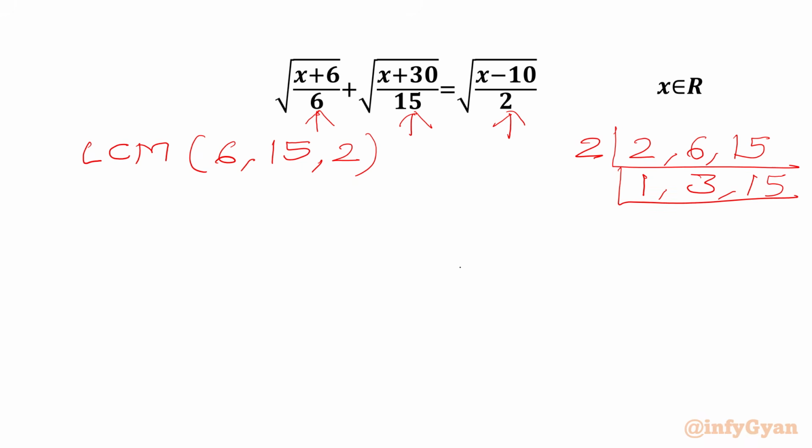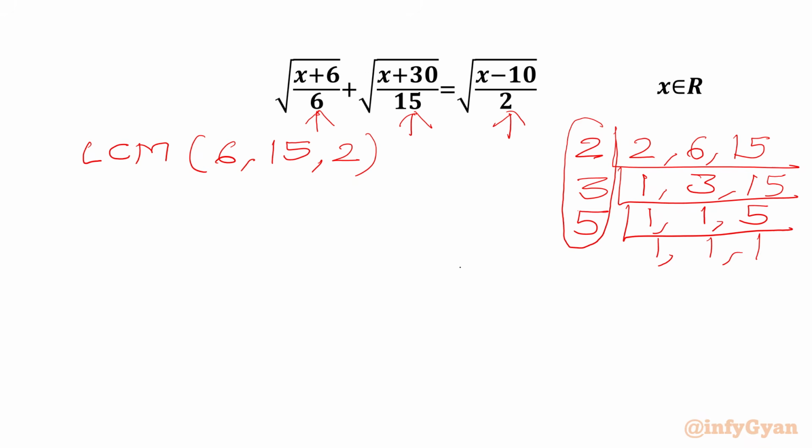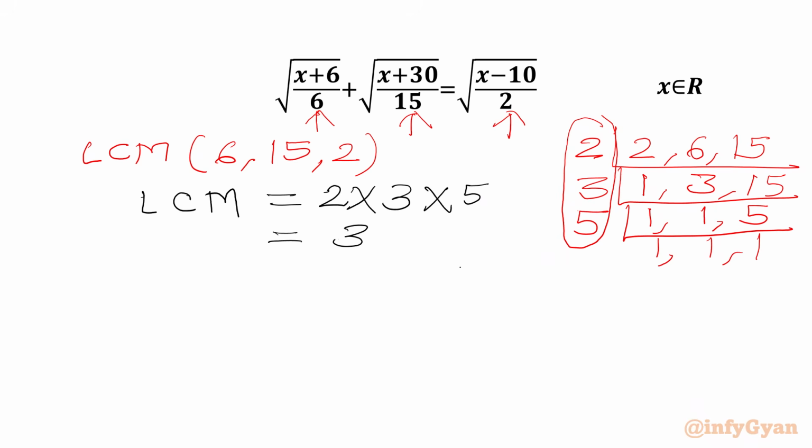We will write here 3, 1, 1, 5. Now we will divide by 5 and we can write here 1, 1, 1. Now we will multiply these three numbers to figure out the LCM. So we can write LCM will be equal to 2 times 3 times 5, which is equal to 30.